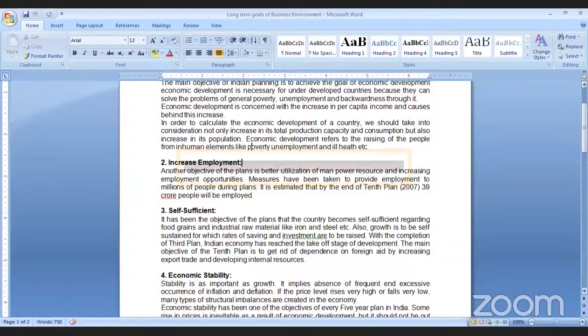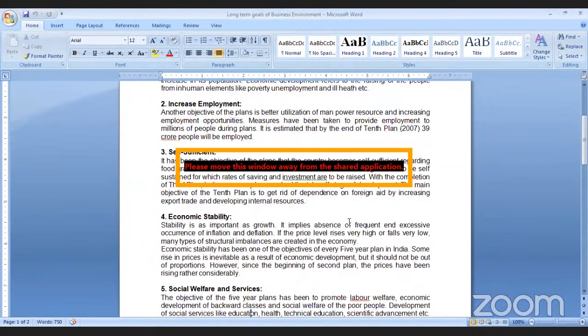Now came to the fourth point, that is called economic stability. So always remember, economic stability is one particular aspect which is highly required. Now, what do you understand by economic stability? Can anyone explain what you understand by economic stability?